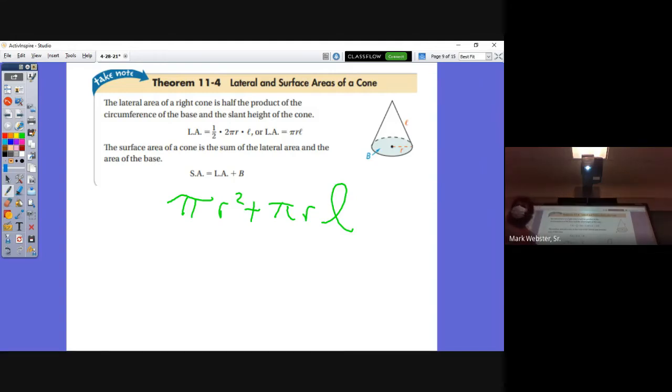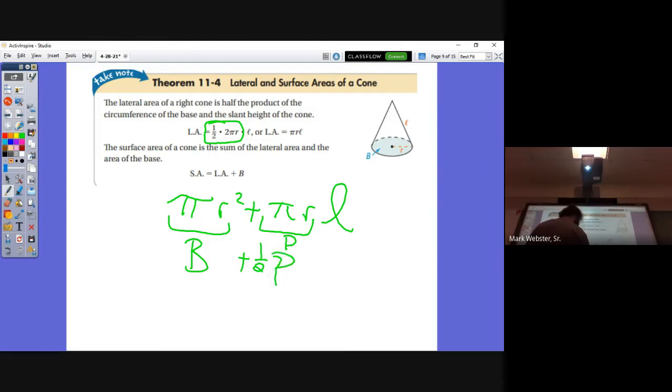That is still the exact same thing, because the area of the base for a circle is pi r squared, right? And then what they did here is they took 1/2 times 2 pi r, canceled those 2's out. So what is this? This is just 1/2 times the perimeter times the slant height. Same thing, isn't it?